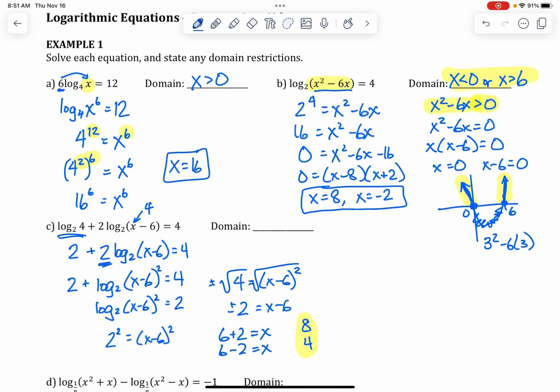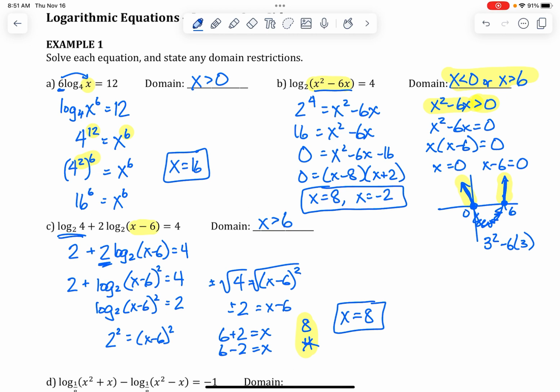But if you don't show the domain ahead of time, please be sure to check the solutions. Because x minus 6 is in parentheses, that's what we want to make sure is our domain restriction. So x has to be greater than 6, and therefore 4 is an extraneous solution. Okay, so the only viable answer here is x equals 8.